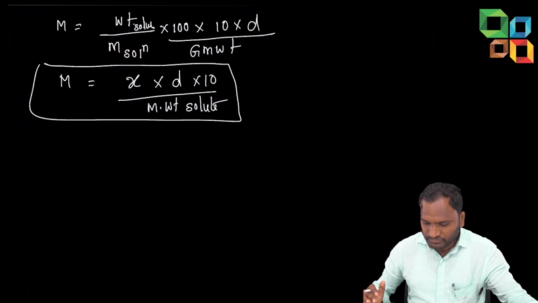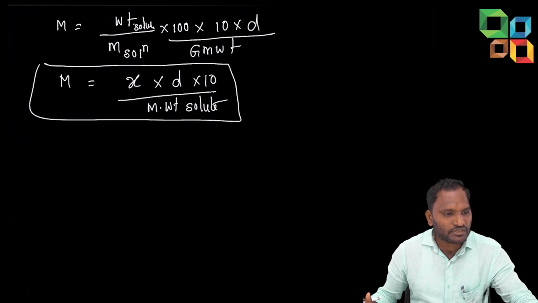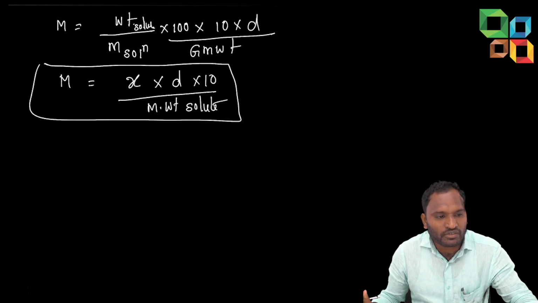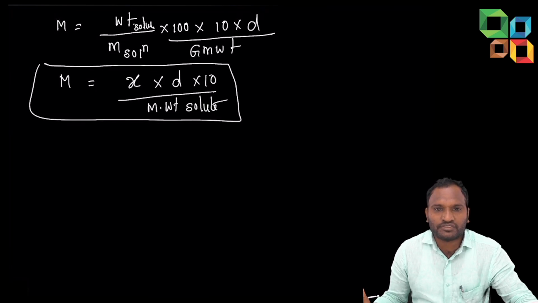Next one. Upon mass percentage, they ask one question. Suppose that a solution was prepared by dissolving 25 gram of sugar into 100 gram of water. Calculate the mass percentage. Can you do it, students?